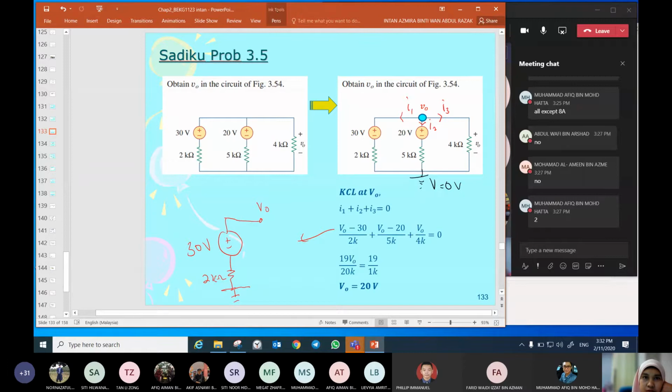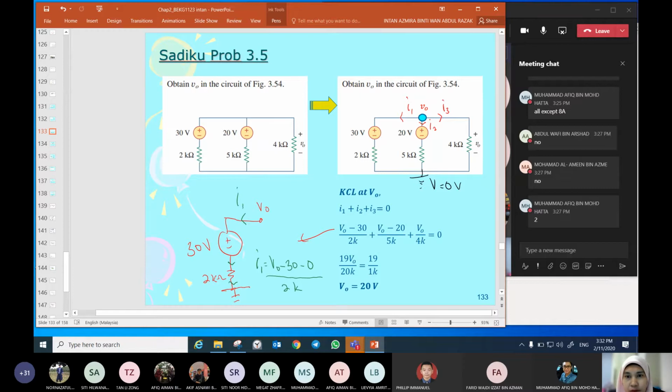So current flows from V0 until ground. I1 is equal to V0 minus 30 minus 0 divided by 2k. But you can ignore 0, because anything minus 0 is itself. So you write V0 minus 30 only, divided by 2k.